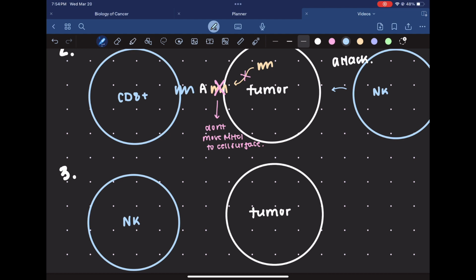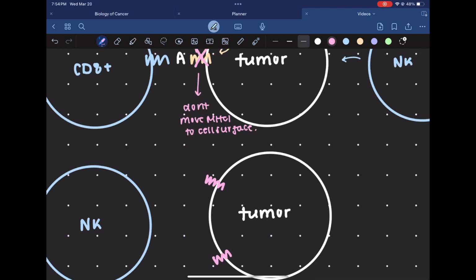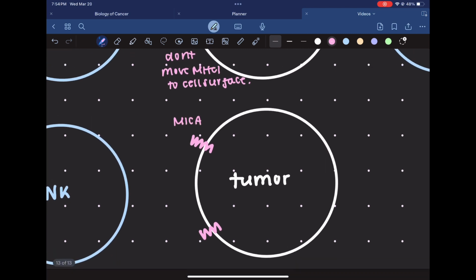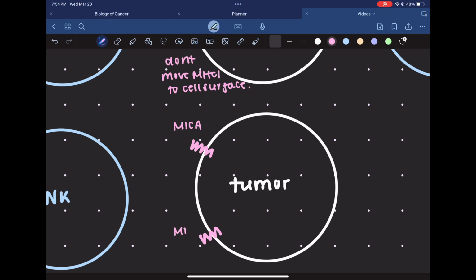So we talked about previously how tumor cells can have these stress ligands on their cell surface. The main one is called MICA that we're going to be talking about. Again, these are stress ligands. And when NK cells see a stress ligand on the cell surface, that lets them know to attack.